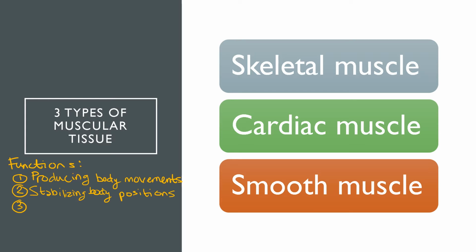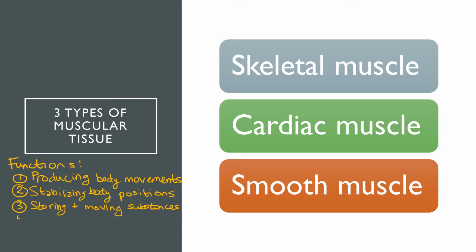Our third key function of muscular tissue is going to be storing and moving substances. For this one, you can think of how smooth muscle helps to move food that you eat along your digestive tract.